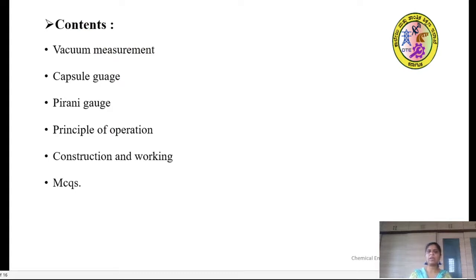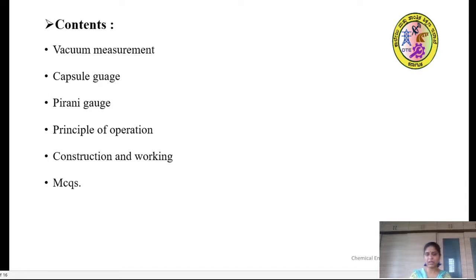In that, you'll be learning about the capsule gauge, its construction and working, what exactly the capsule is, and the Pirani gauge, and also the McLeod gauge. These capsule gauge, Pirani gauge, and McLeod gauge are basically used for measuring very low pressures.